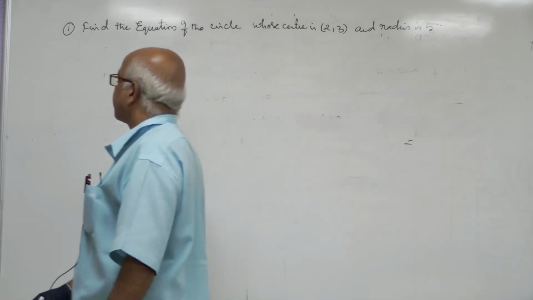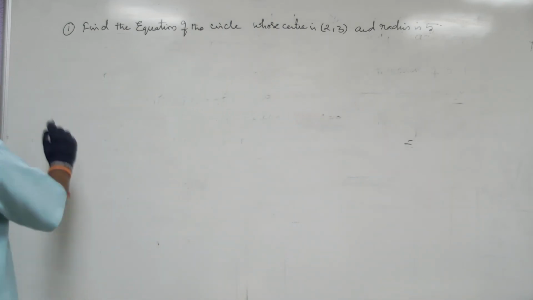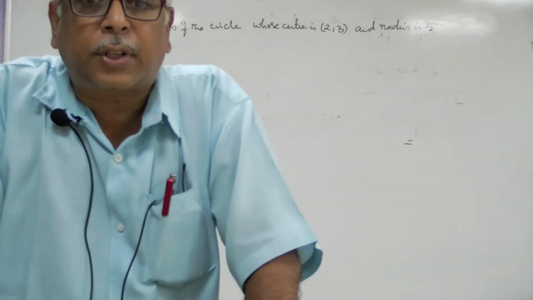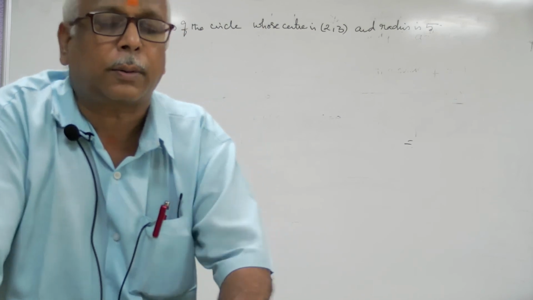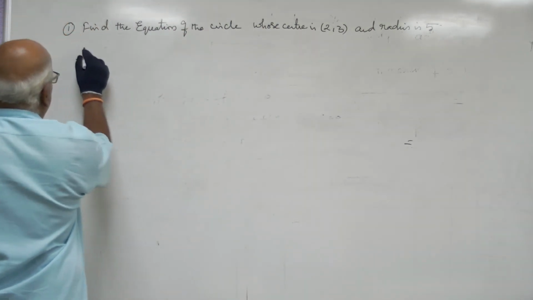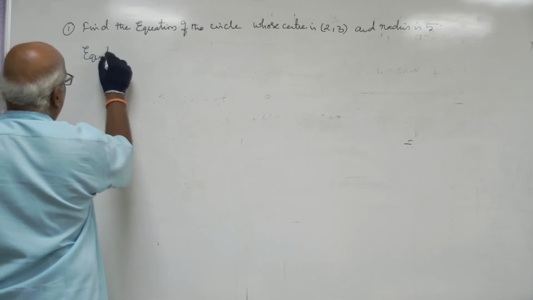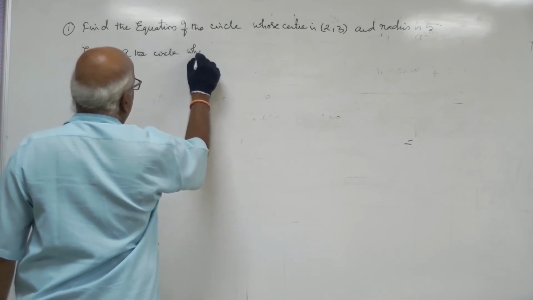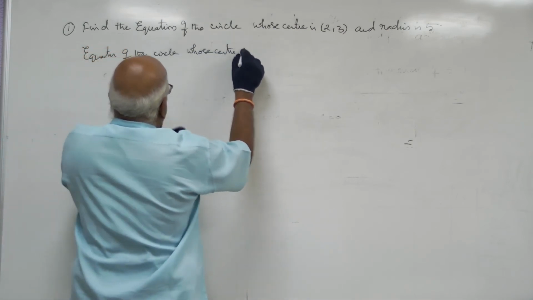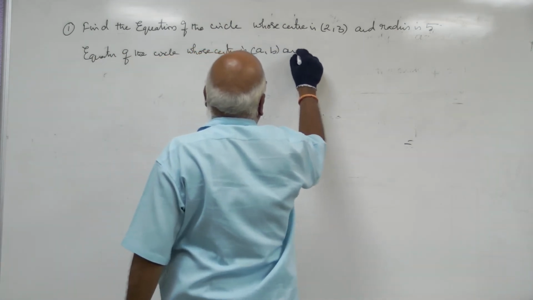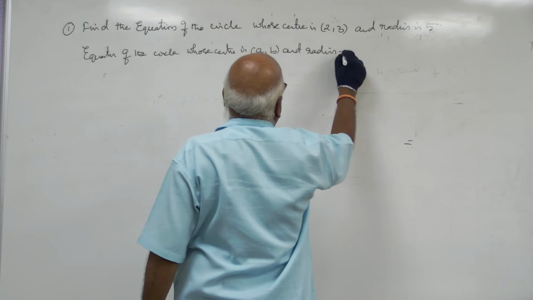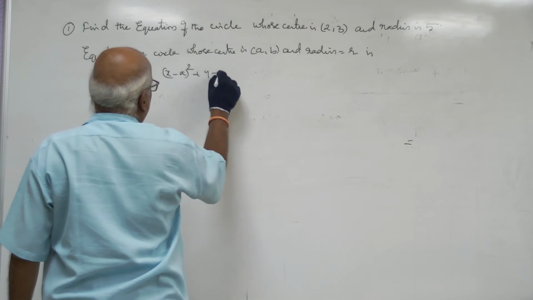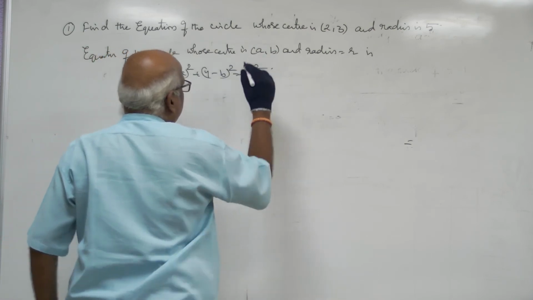That is our question. What is the formula for the equation of a circle when center is (a, b) and radius is r? The equation of the circle whose center is (a, b) and radius is r is x minus a whole square plus y minus b whole square equal to r square.